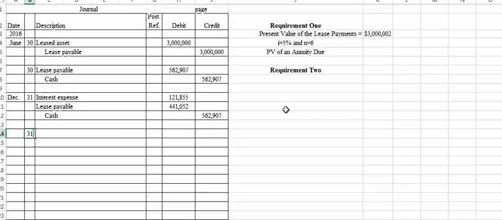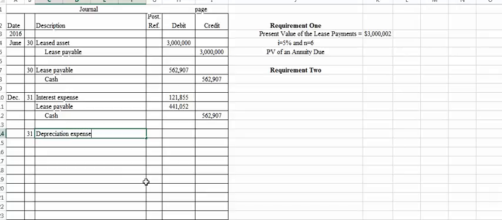Also on the 31st though, we would record depreciation expense. Because remember, even though it's worded as a lease, this does meet the criteria of being classified as a capital lease. We record it just like a purchase. We put the asset on the books up here, and we'll also depreciate that asset as time passes.